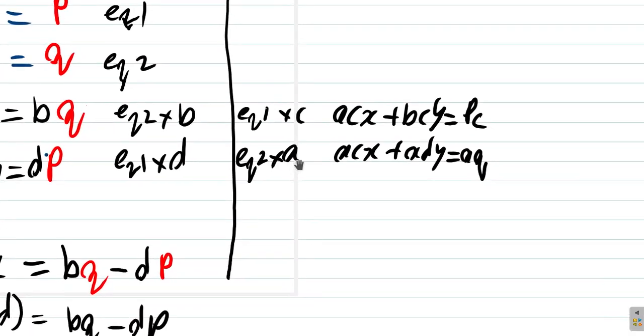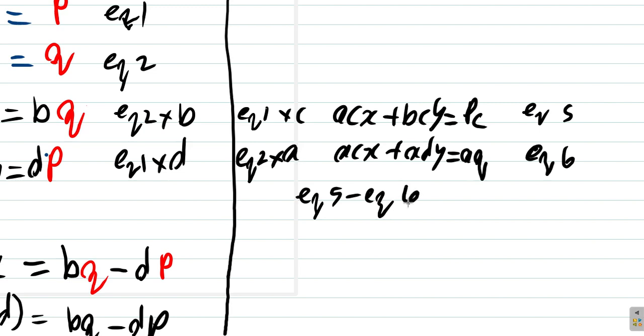Alright, so let's work with this. If we subtract them, we call these equation 5 and equation 6, and we say equation 5 minus equation 6.